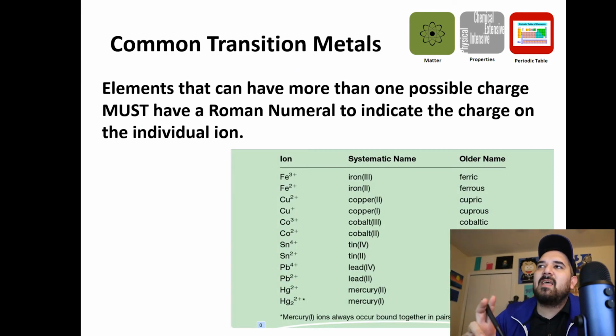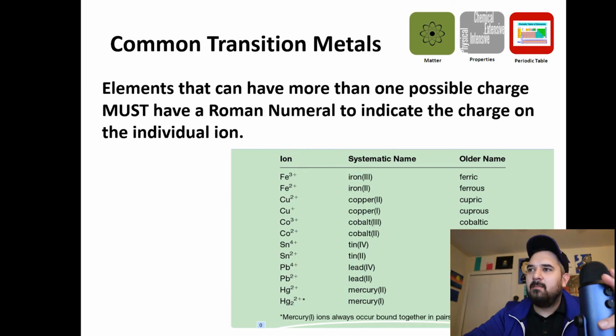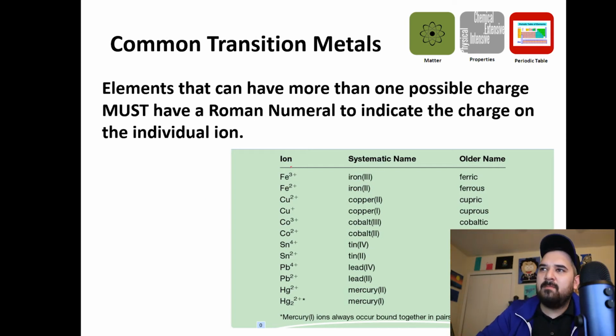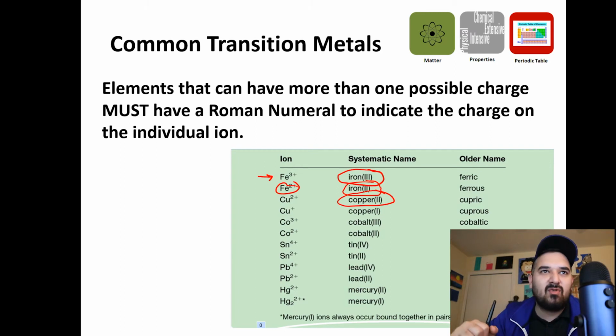All right, so elements that can have more than 1 possible charge must have a Roman numeral to indicate the charge on the individual ion. So here they are. Iron with a +3 charge is going to be written iron 3 in Roman numerals. Iron with a +2 is going to be iron 2. Copper +2 is going to be copper with a 2 in Roman numerals.